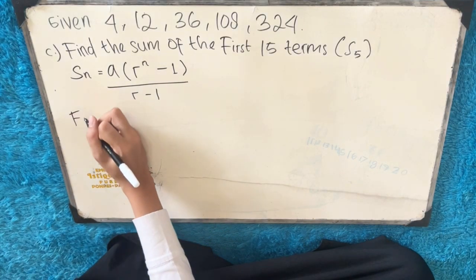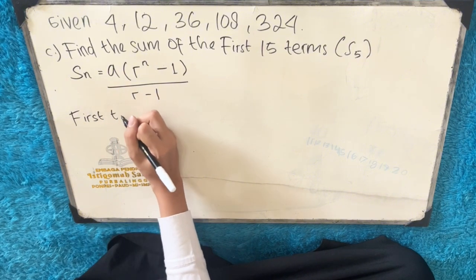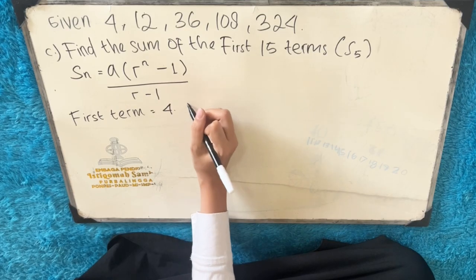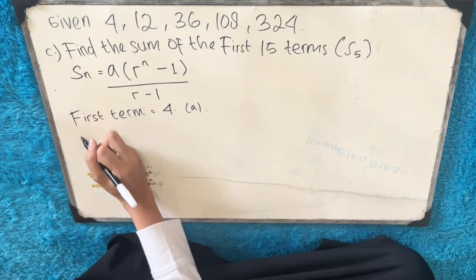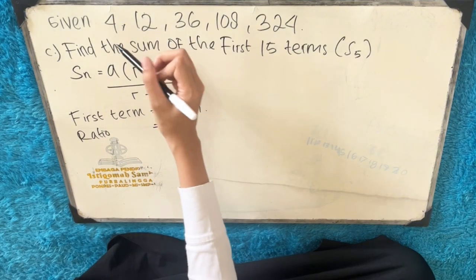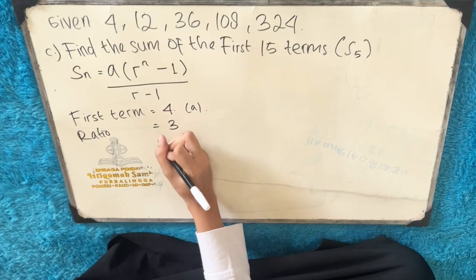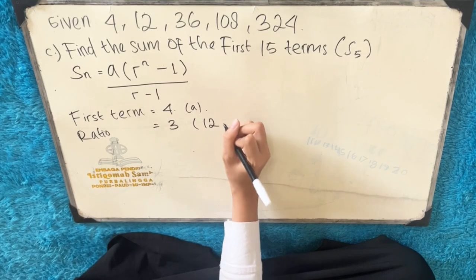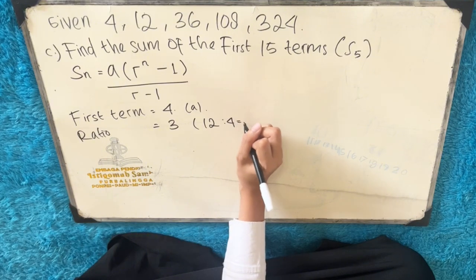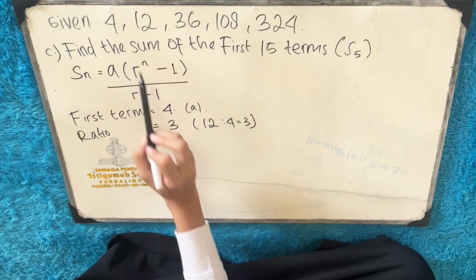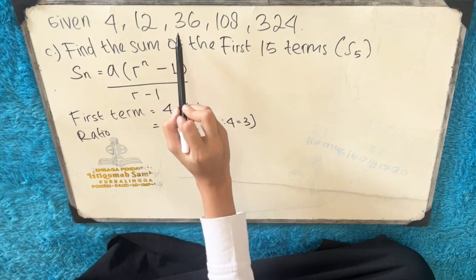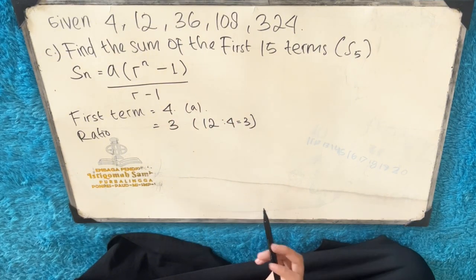The first term is 4, and the ratio is 3 because 12 divided by 4 equals 3, and 4 times 3 is 12, 12 times 3 is 36.